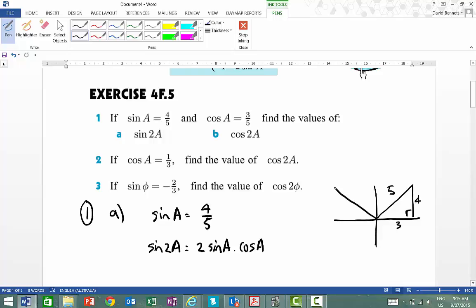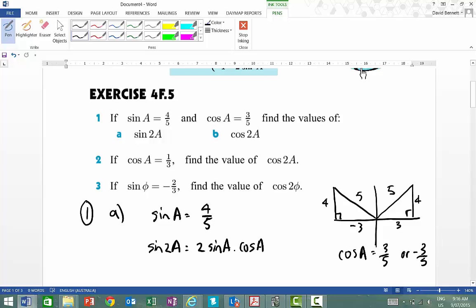And then obviously sine could be that, so therefore that could be 5, 4 and minus 3. So in this case, cosine of a could be equal to 3/5, or it could be equal to minus 3/5.